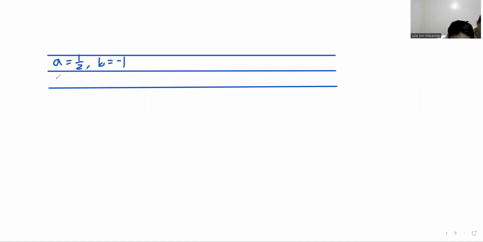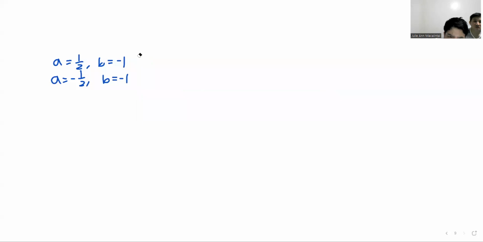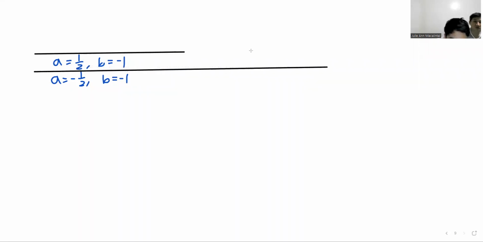Also, A is equal to negative 1/2. B is still equal to negative 1.